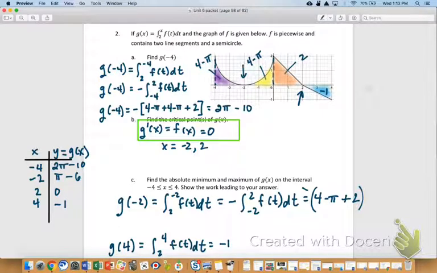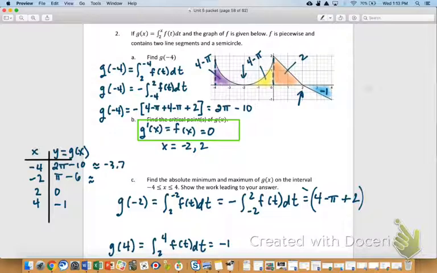This is where just a little bit of mental arithmetic will go a long way. 2 pi minus 10, isn't that roughly 6.28 minus 10? So it's like -3.7-ish. So if you wanted to put, approximately -3.7. Pi minus 6, so that'd be 3.14 minus 6.